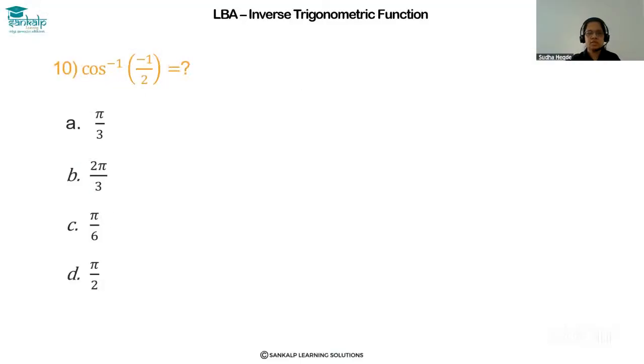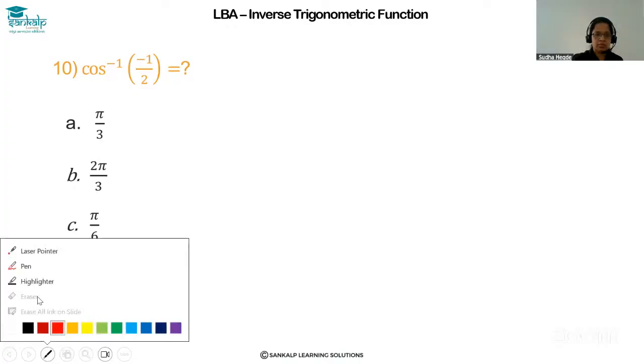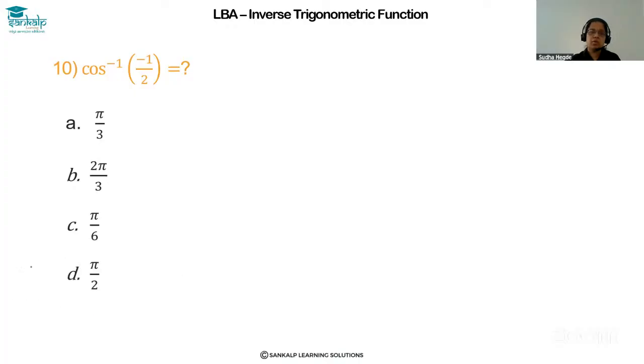Hello students. The question is cos inverse minus 1 by 2 is equal to what? Option A pi by 3, option B 2 pi by 3, option C pi by 6, option D pi by 2.